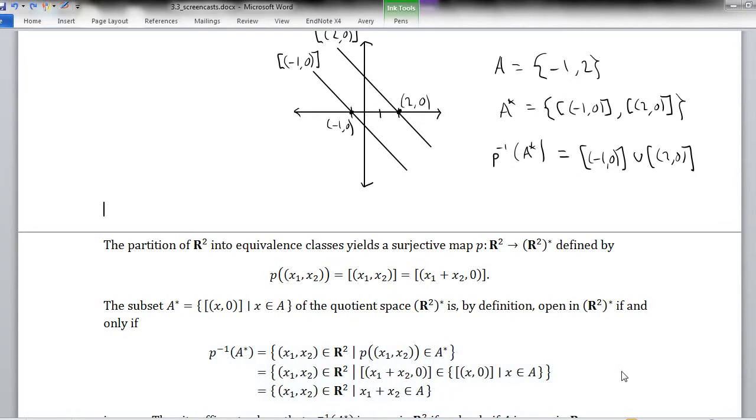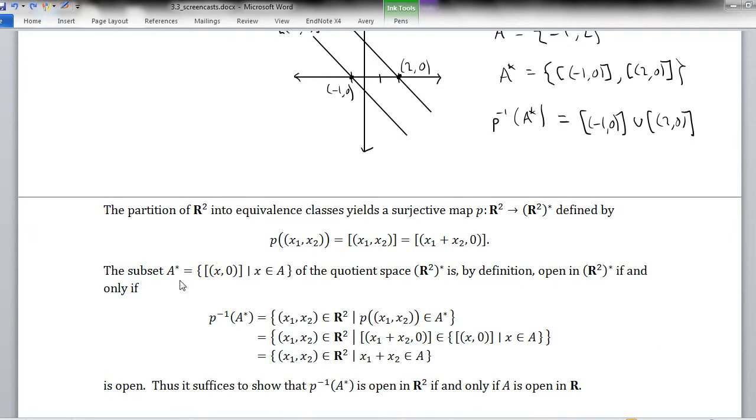So that is a complicated way of saying that the preimage of a collection of these diagonal lines is just going to be the set of all points contained in those lines. Okay? I mean, the set of all points such that x1 plus x2 is in A. All right.